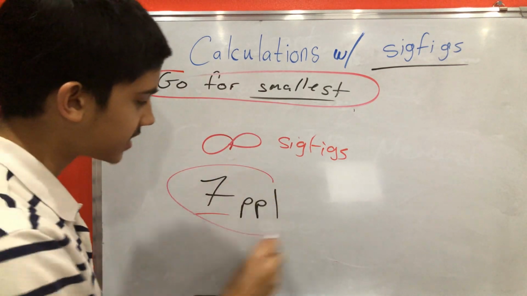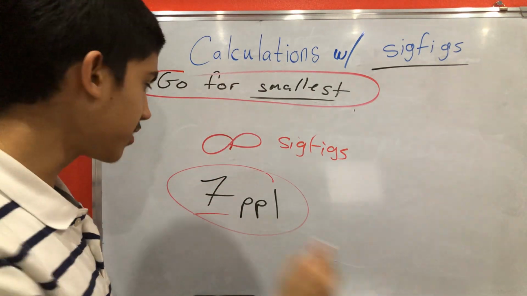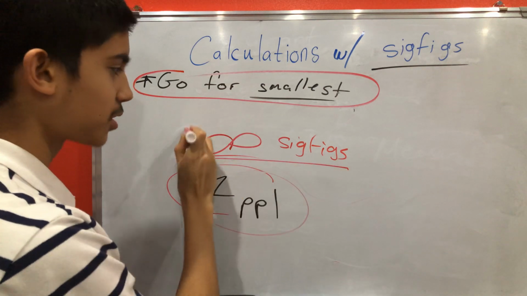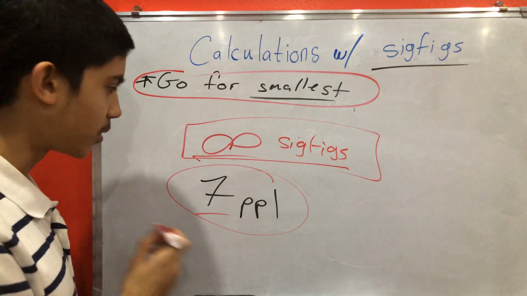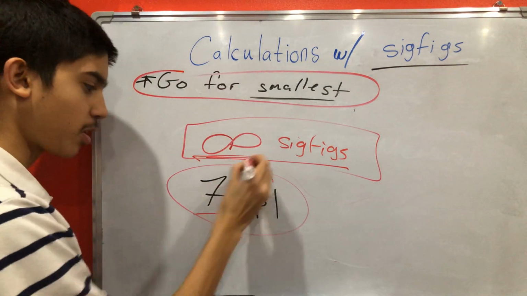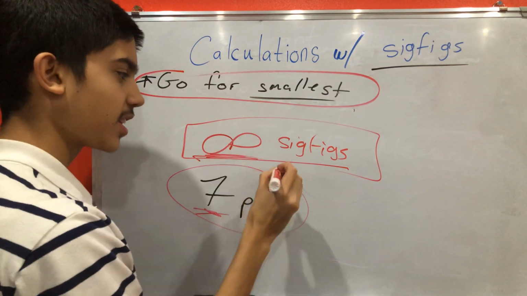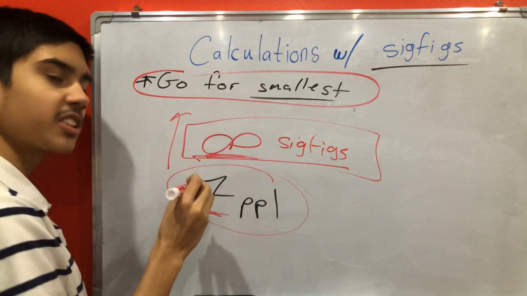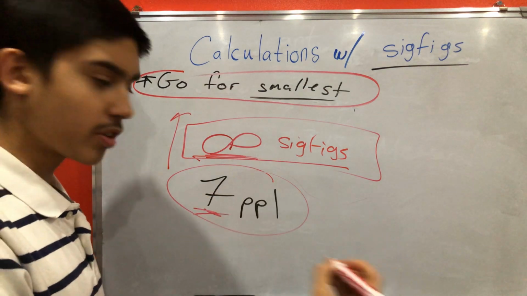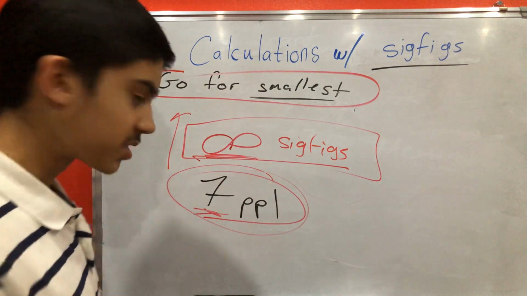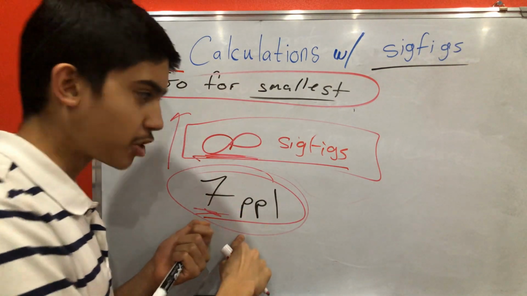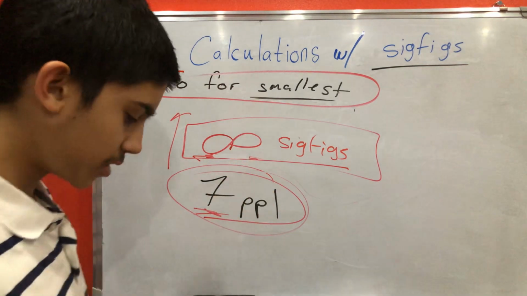No. This is an exact number. For sure, it's 7, and that's why it's infinite. It's the most precise possible. The greater the number of significant figures, the more accurate your calculation is. But since this is 100% accurate, then it's infinite significant figures, okay?